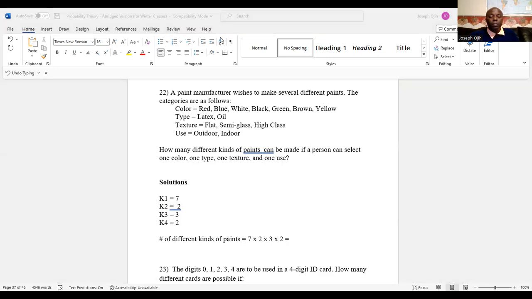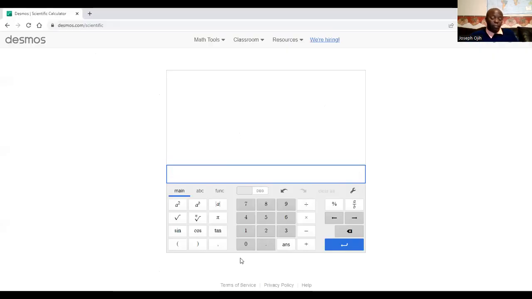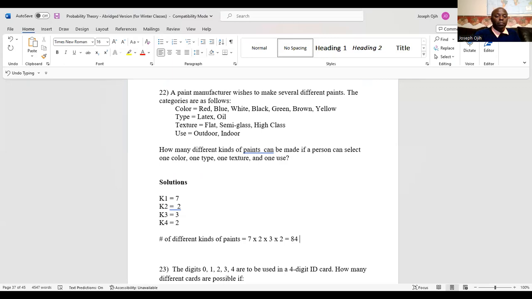We got 84. 84 possible types of pens. So 84 different kinds of pens can be made.